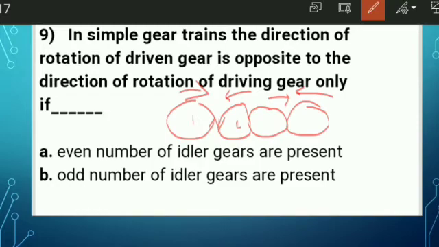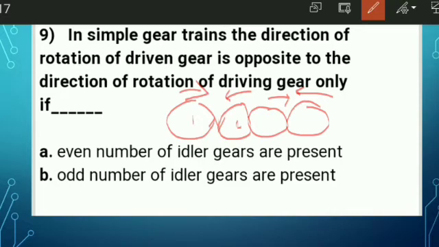So we can see if the number of gears is even, then the direction is opposite, and in case of an odd number of gears, it gives you the same direction.